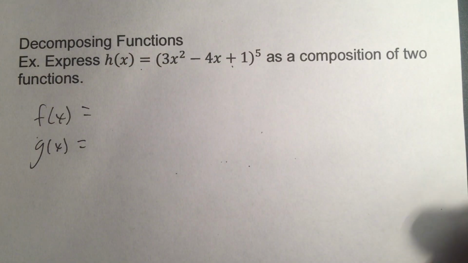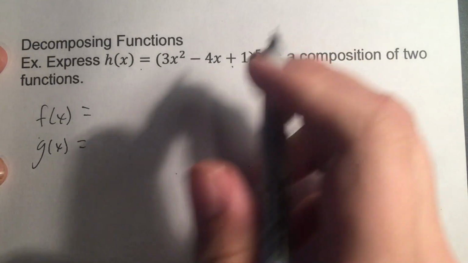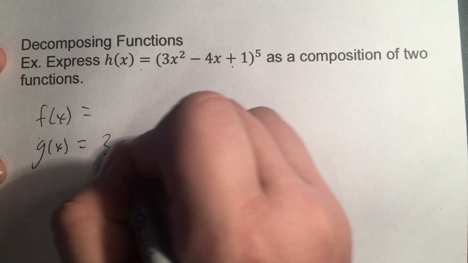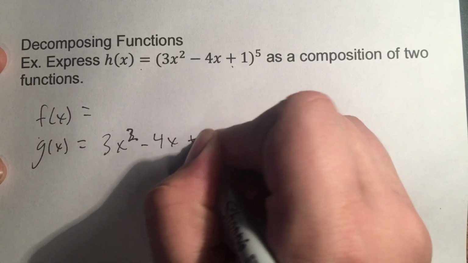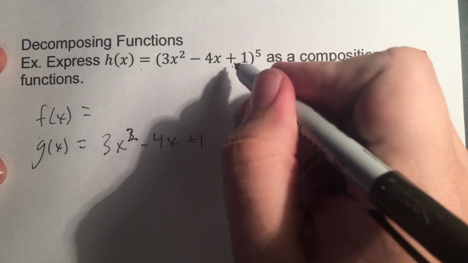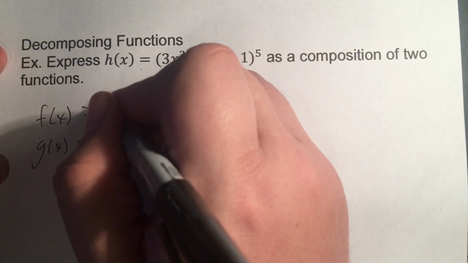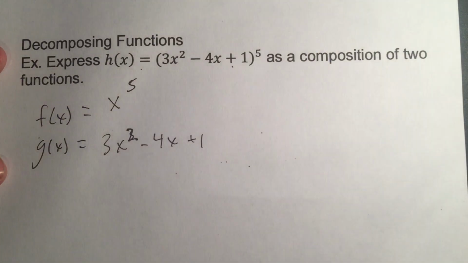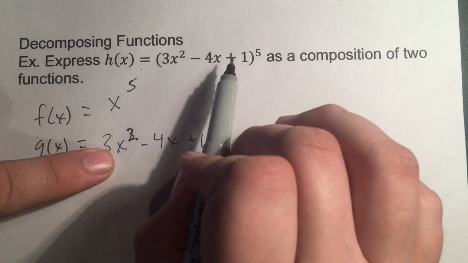What could be the inside function? It's kind of easier to see here with the parentheses. Inside the parentheses is a function, so I'm going to call that my g, which is 3x squared minus 4x plus 1. If that's the inside function, what would the outside function be? Whatever's here raised to the 5th. So we're going to call this x to the 5th. If we do f of g, we replace this x with this here, and we'd get that.